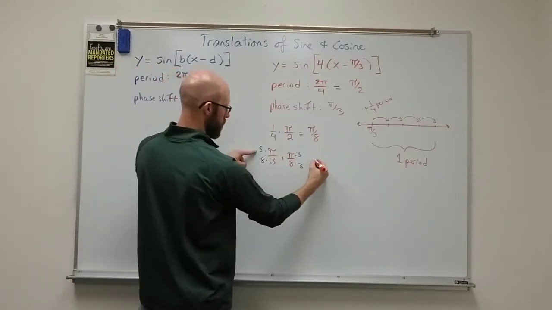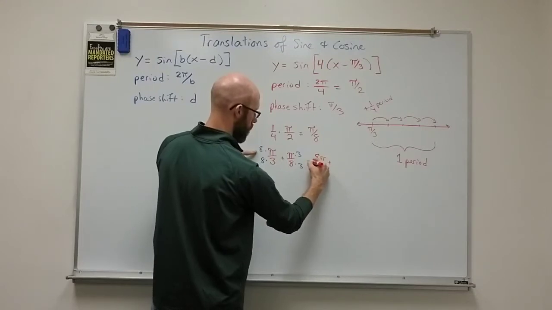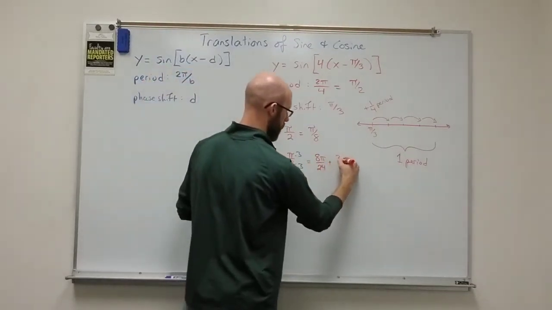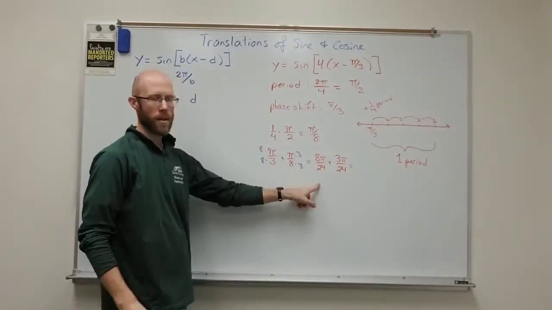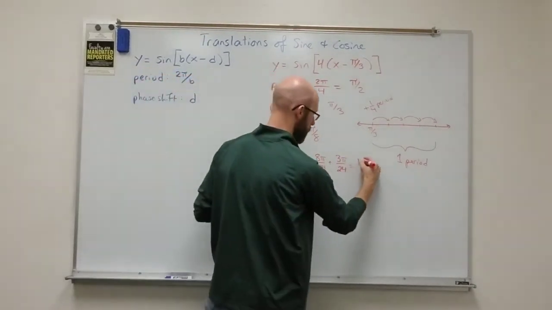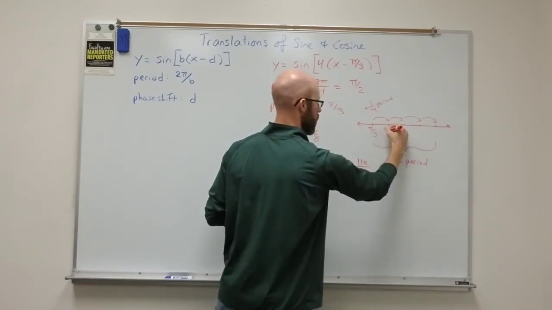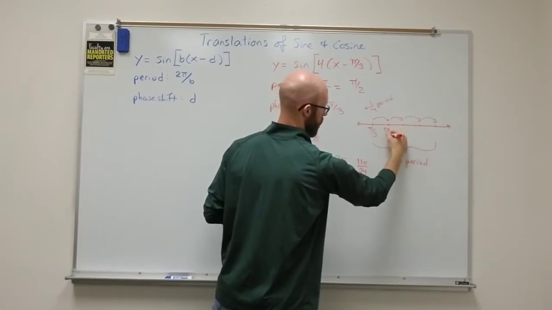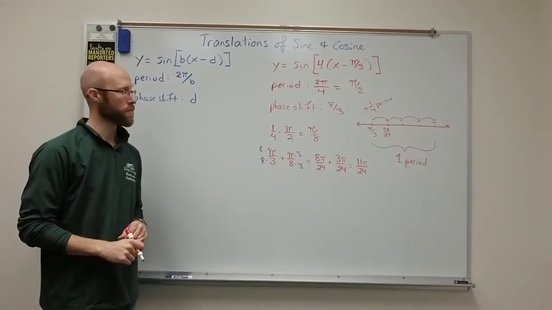This will become 8 pi over 24 and 3 pi over 24. And when I put them together, I get 11 pi over 24. That's the first quarter, I suppose.